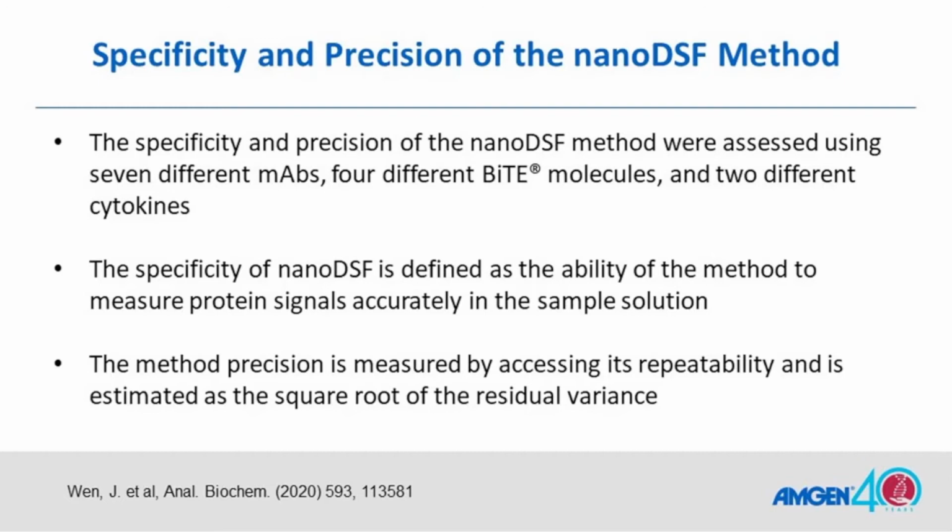The method precision is measured by assessing its repeatability and is estimated as the square root of the residual variance.